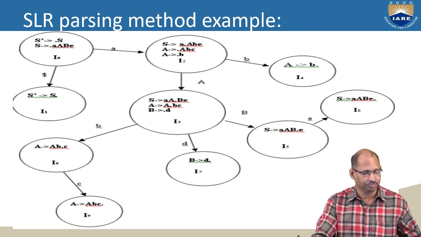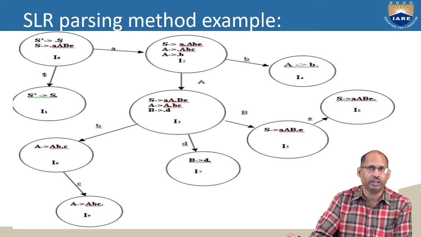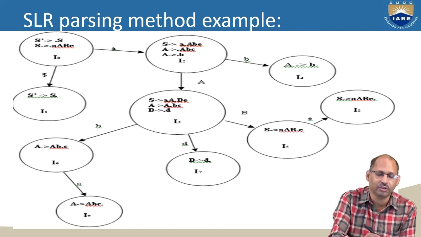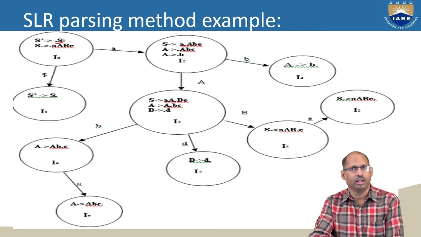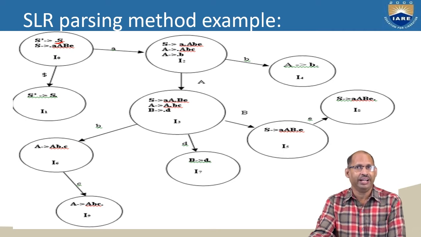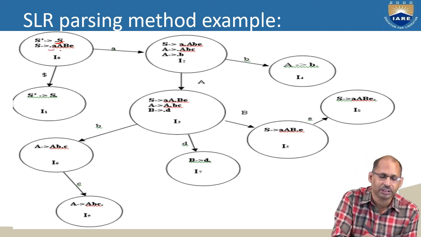Here, S' → .S. In the first closure group, we start with S' → .S. When a dot is followed by a non-terminal, add that non-terminal's productions.